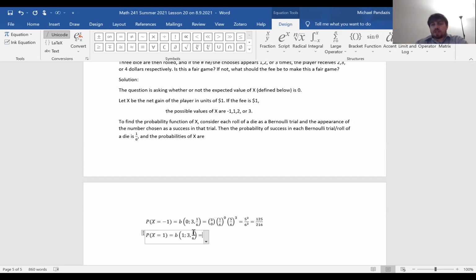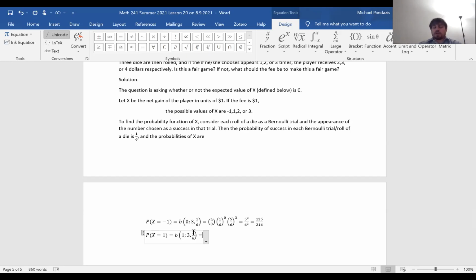A net gain of 1 means you succeed once in getting the number you chose. So you roll the die 3 times, and if you have a net gain of 1, that means you won. That means the number appeared once. So you got $2. You paid 1 for the game. You have a net gain of 1.